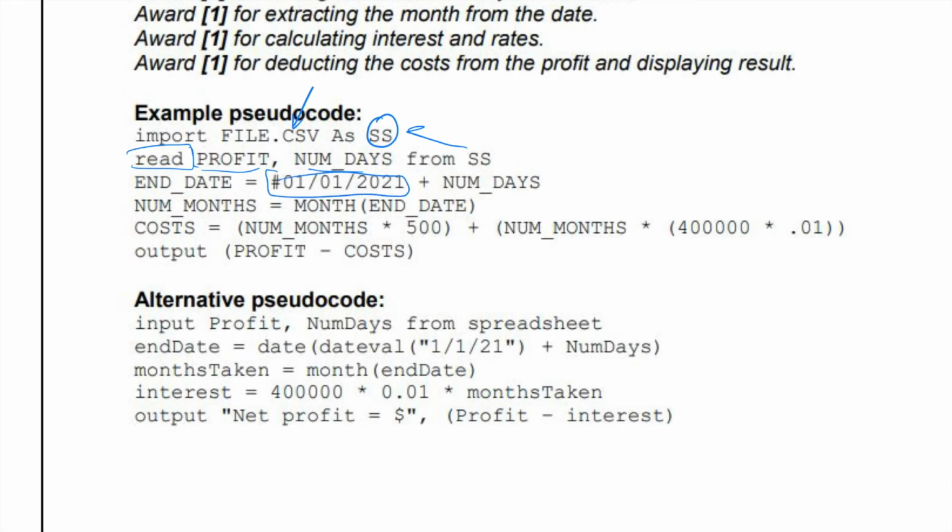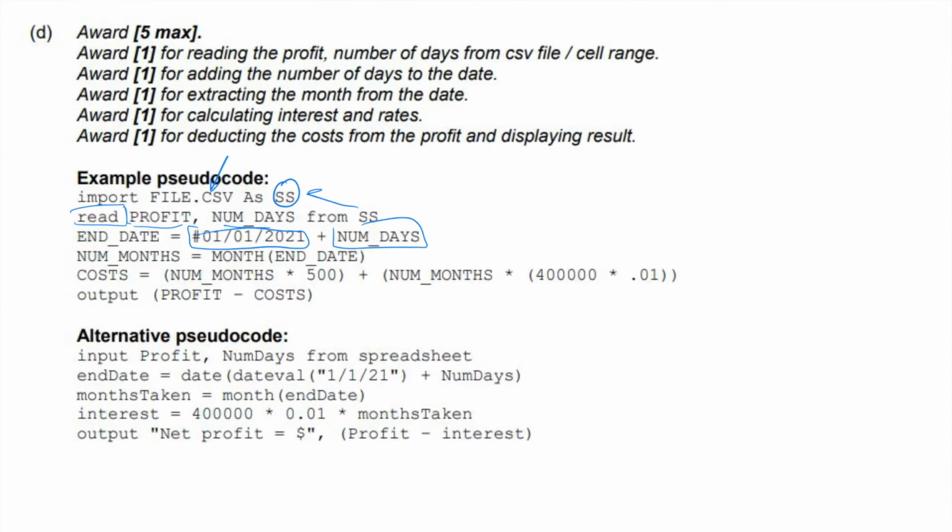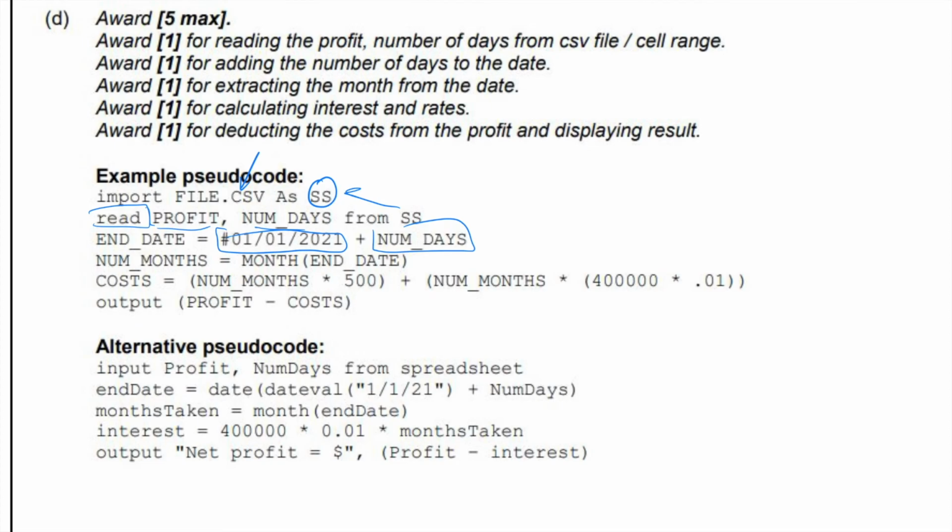So January 1st, 2021, plus the number of days that we got from our spreadsheet. So the number of days it took to build a particular house. Now, it never actually tells us we're starting on January 1st, 2021, but I don't think it really even matters. This just helps us get an even number of months.